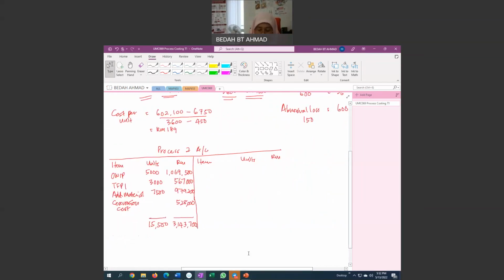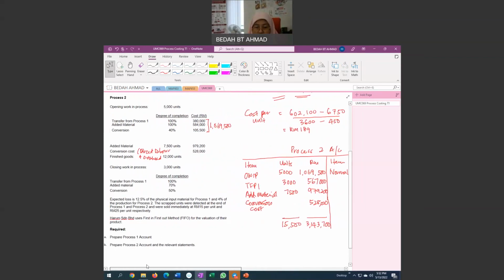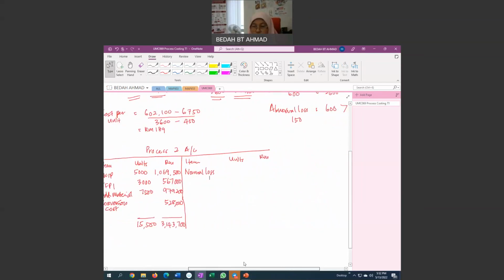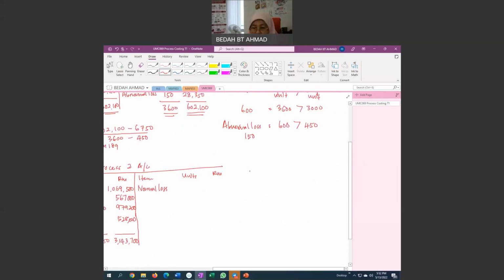All right, so first we need to calculate the normal loss. In process 2, the question states the normal loss is expected to be 4% of the production.